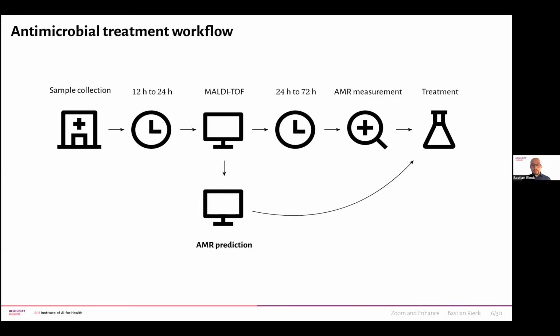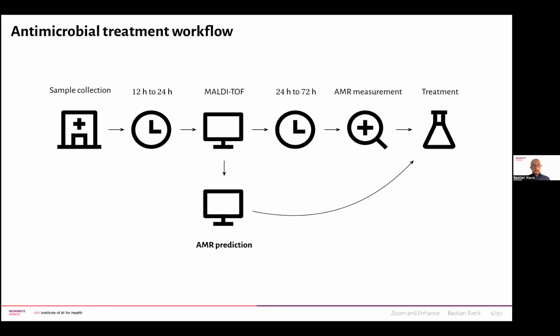So the way I understand this is that the clinicians or the lab technicians provide some antibiotics to the samples that they took from you, and they just wait for up to 72 hours to see what happens. And then they can decide whether the sample is resistant to a specific antibiotic or whether it's susceptible to that antibiotic.